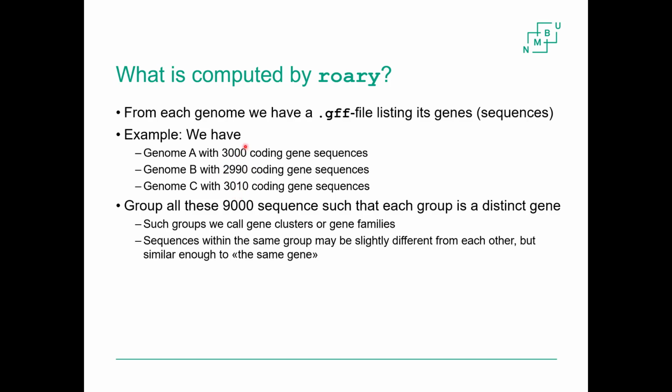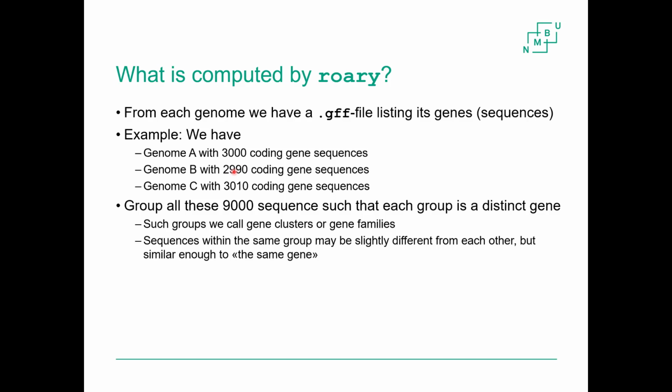Because even within the same genome, you can have 2 sequences being from the same gene, right? If it's a repeated gene. But especially across the genomes, you will find the same. And notice that they are not identical, right? So for instance, gene number 1 here is actually the same as gene number 10 here, but they are not identically the same.